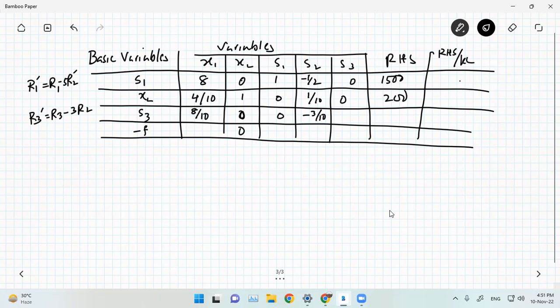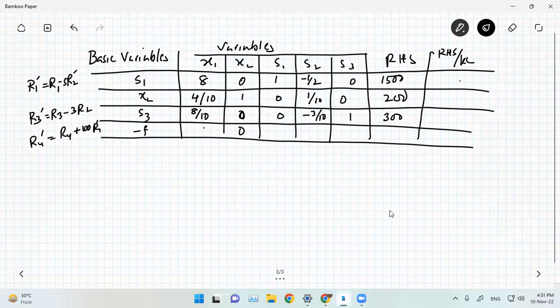Then you will have 1 and 300. And finally, for the last one, R4 prime has to be equal to R4 plus 100 times R1 prime. So that will give a 0.